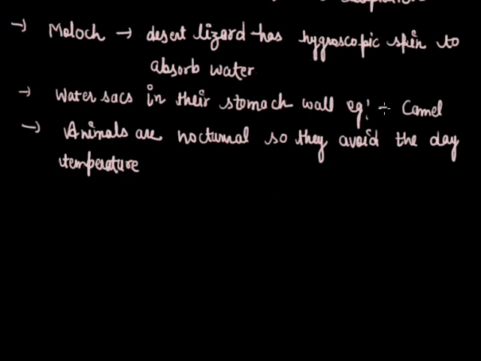For defense, they have poison or some other mechanism. For example, snakes, spiders, scorpions have poison glands.